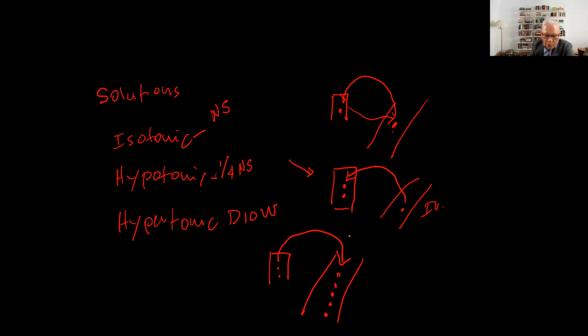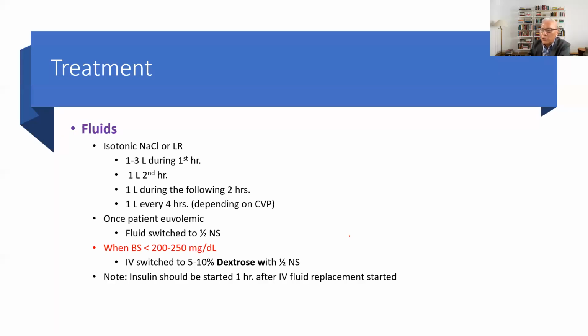Okay? So that's exactly what's being referred to over here, that once the patient is euvolemic, meaning we have enough volume in the vascular bed, we now have to make the cells hydrated. And that is why we switch them to 1/2 normal saline.